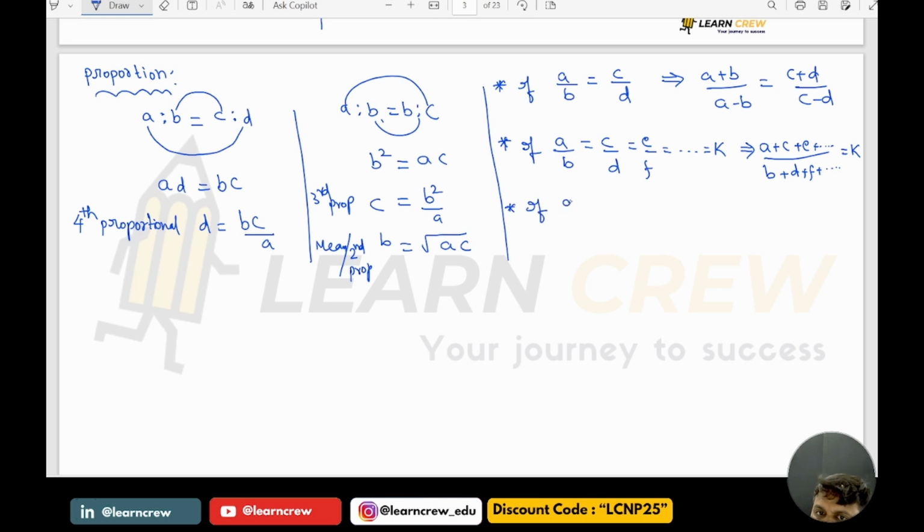If A by B is equal to C by D is equal to E by F, if each is equal to constant K, then we can write MA plus NC plus OE divided by MB plus ND plus OF.